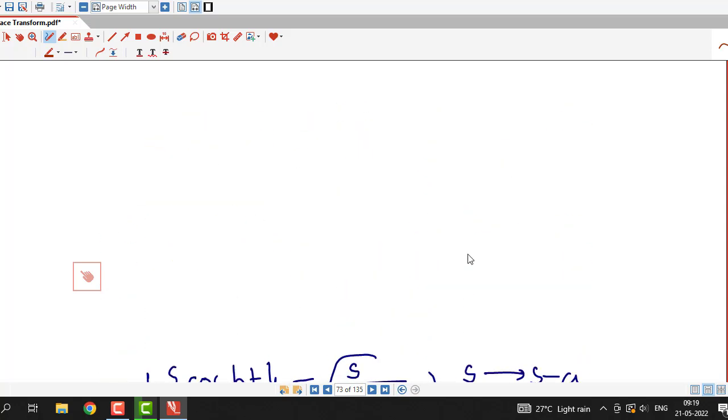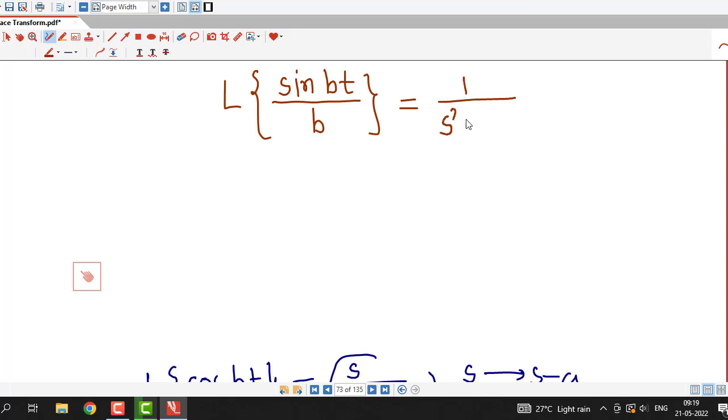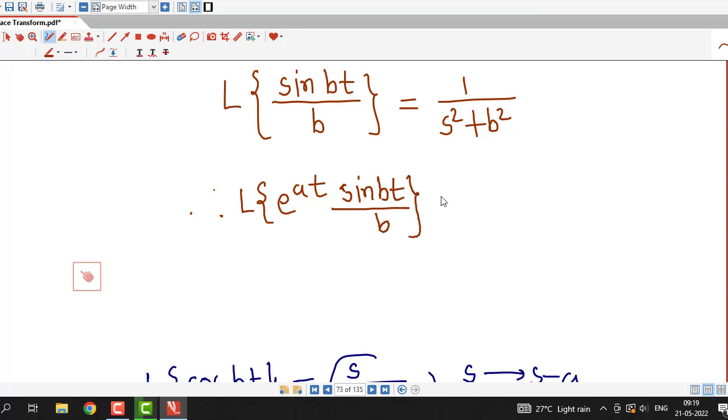Another formula we can develop is using the Laplace transform of sine function. Suppose we consider Laplace transform of sine bt divided by b, then this is going to be 1 divided by s square plus b square, and therefore by first shifting theorem, Laplace transform of e raised to at sine bt divided by b is obtained by replacing s by s minus a.